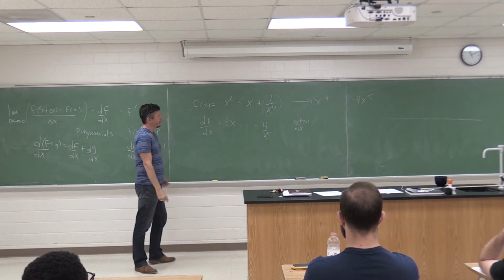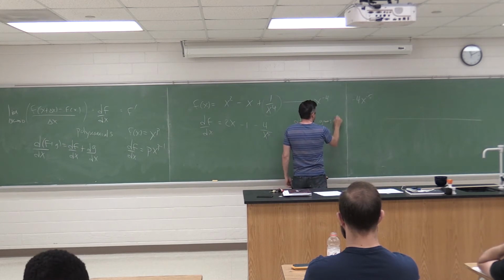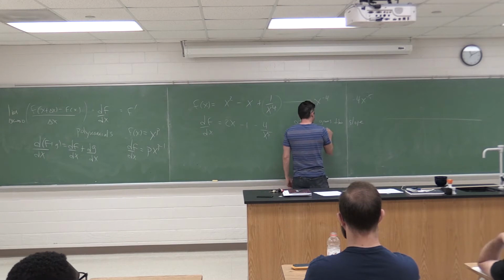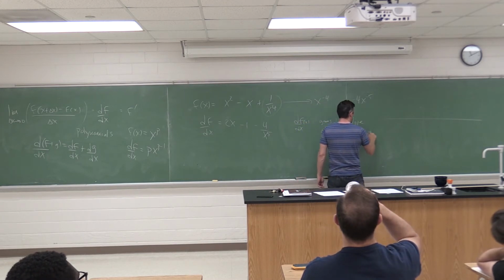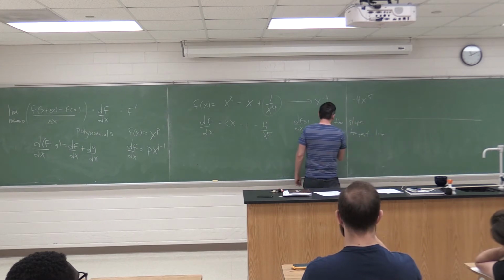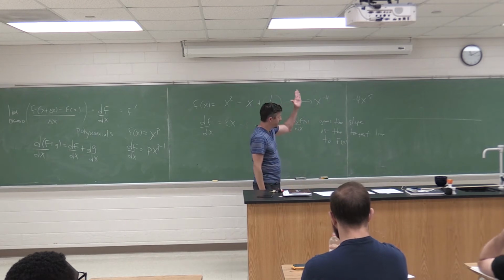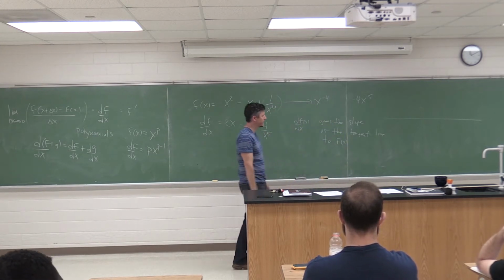Okay. So the derivative gives the slope of the tangent line to the function, so the slope of the function f of x at x, at any of those points, as a function of x.